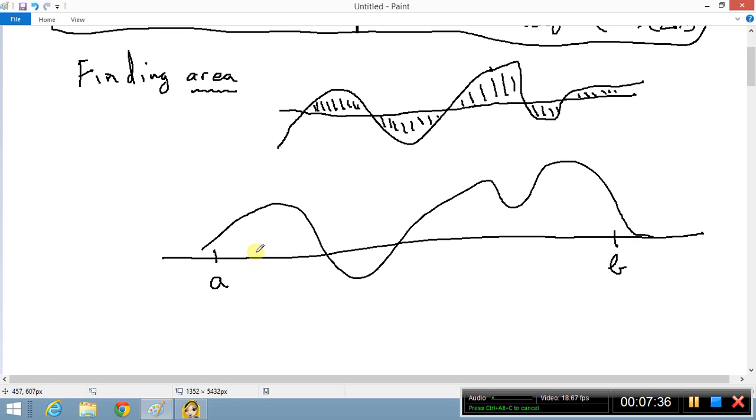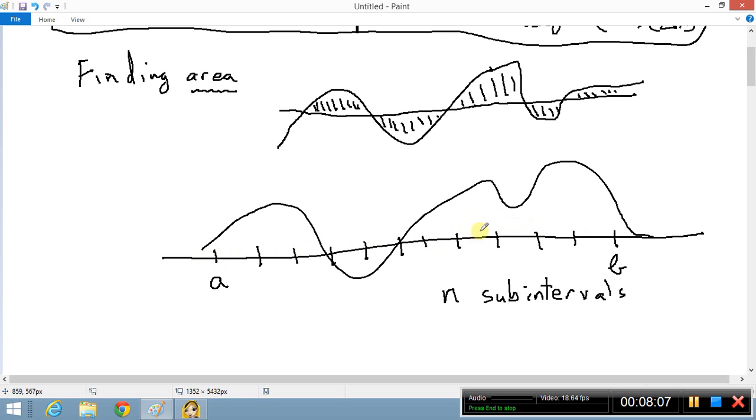So how it's going to work is we take the interval that we're interested in and start by chopping it into any number of pieces. Make it regular. It doesn't have to be; it turns out you can chop it any way you like. But I'm going to assume, at first at least, that we're going to chop this interval into n subintervals, and all of the subintervals are going to be the same length.